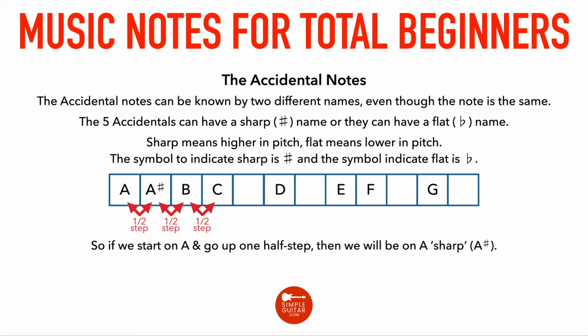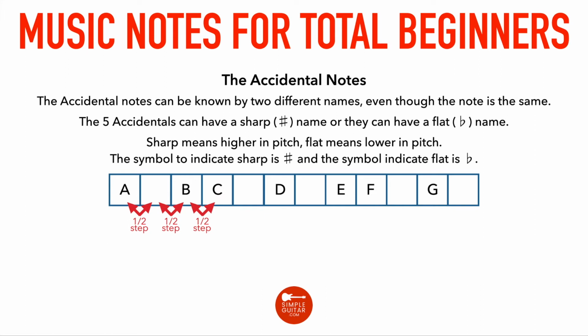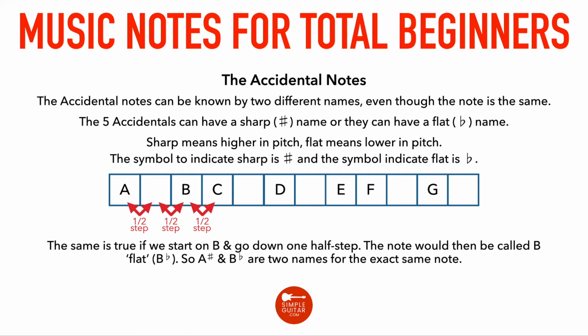Now the same thing is true if I start on B, but instead of going 2 1/2 steps lower to get to A, I just go 1/2 step lower. And if I do that, then we're going to call that same note B flat, because we're going lower. So A sharp and B flat are 2 names for the exact same note.